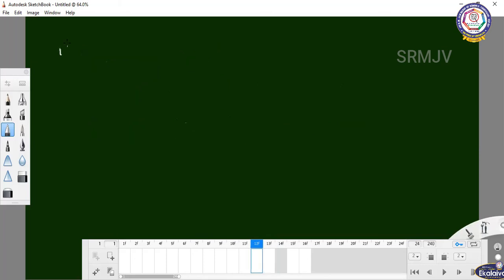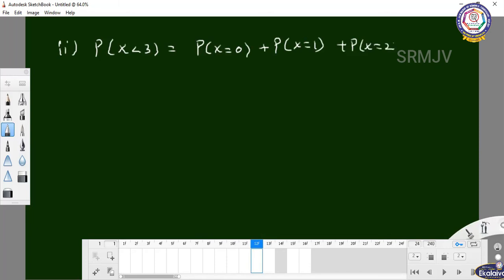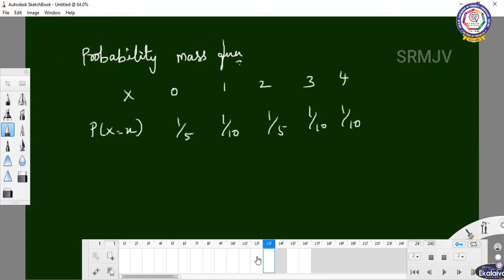The second subdivision is P of x less than 3. P of x less than 3 means P of x equal to 0 plus P of x equal to 1 plus P of x equal to 2. You can see the probability mass function table: 1 by 5, 1 by 10 and 1 by 5.